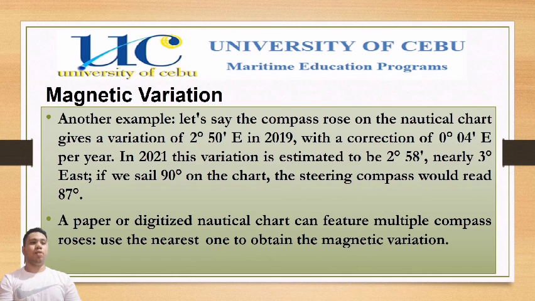In 2021, this variation is estimated to be 2 degrees 58 minutes, nearly 3 degrees east. If we sail 90 degrees on the chart, the steering compass would read 87 degrees. A paper or digitized nautical chart can feature multiple compass roses. Use the nearest one to obtain the magnetic variation.